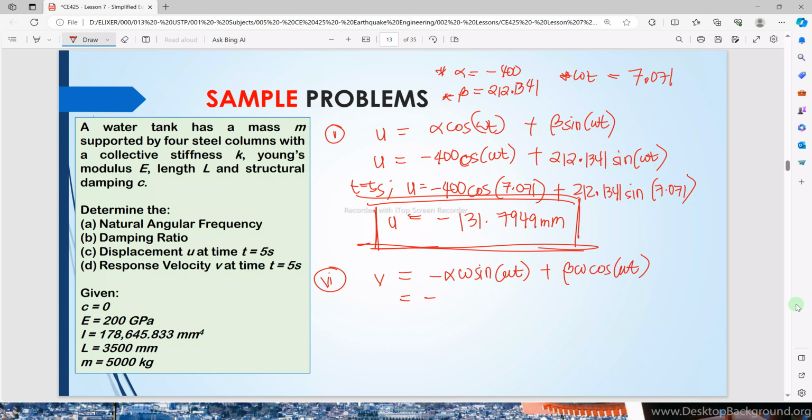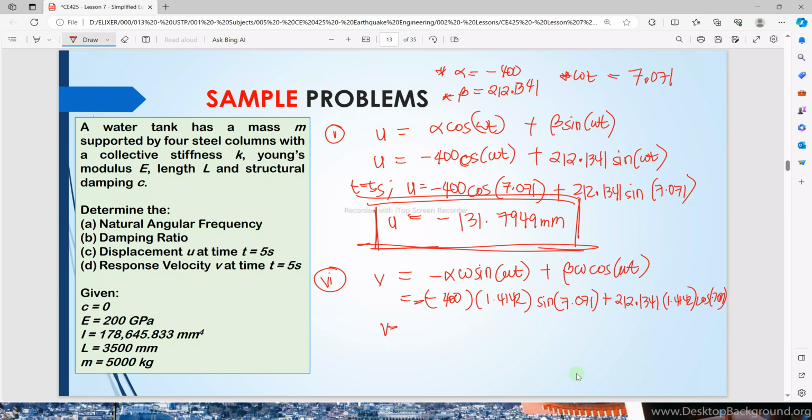The alpha is negative 400, so negative of negative 400, times omega 1.4142, sine of 7.071, plus 212.1341 times 1.4142 cosine of 7.071.